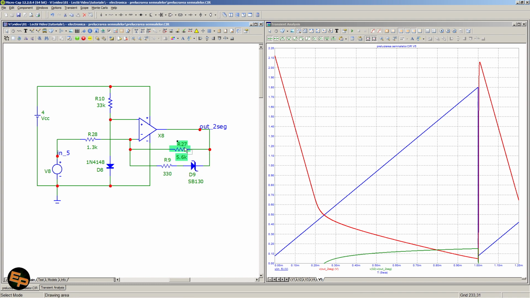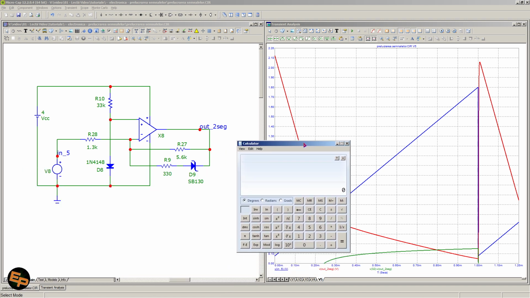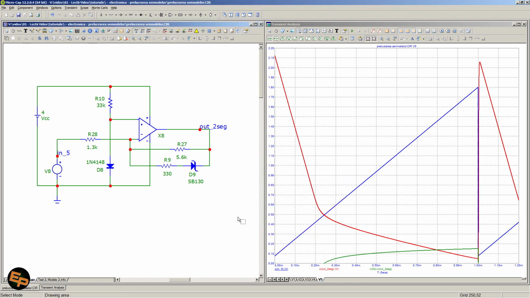It will go from 5.6k divided by 1.3, from an initial 4.3 amplification factor, down to approximately 0.25, okay, 0.2, 0.3. So this is how we obtain two different curves that have a different slope.